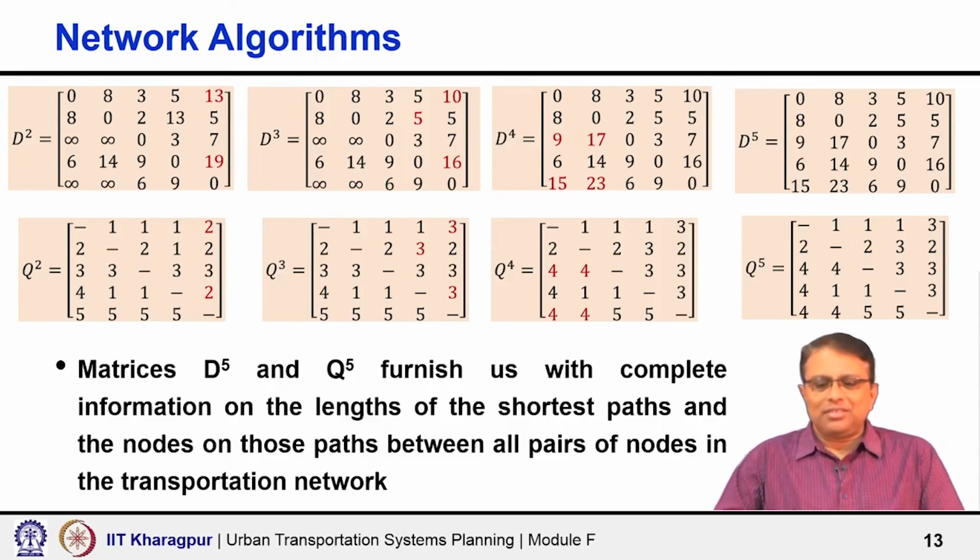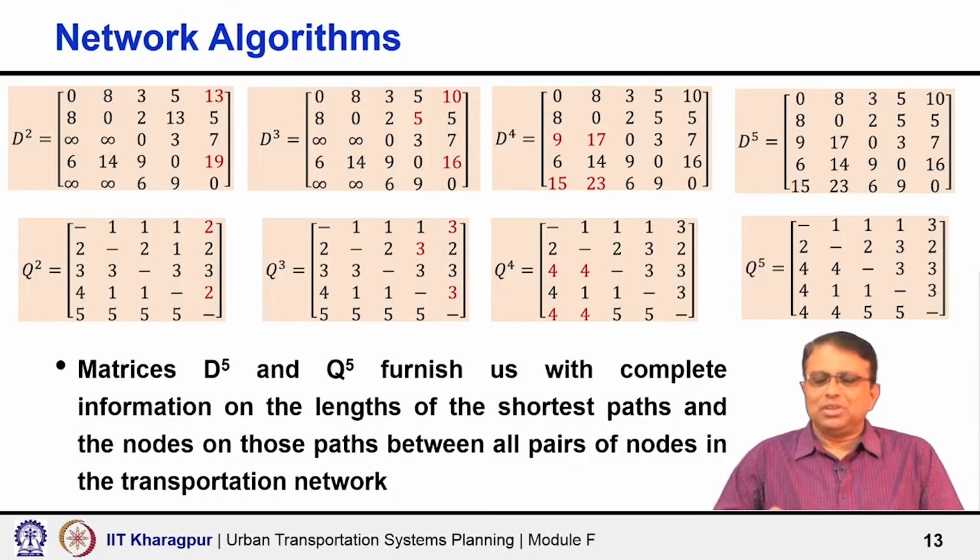And how to backtrace? Suppose you find, let us take a solution 4 to 5, the predecessor is 3. So, I know 5 is coming from 3. Now, I shall take 4 to 3, what is the predecessor? I find it is 1. So, I know 3 is then coming from 1.